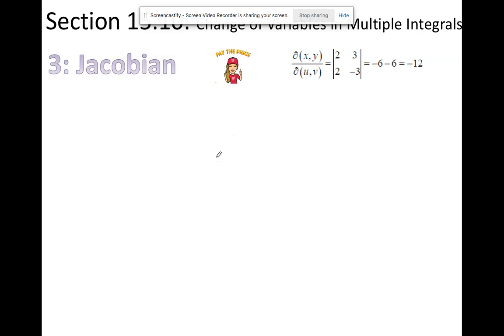So remember I had x equal to 2u plus 3v, and y equal to 2u minus 3v. So partial x partial u was 2, partial x partial v was 3, partial y partial u was 2, partial y partial v was -3. Did my determinant work? -6 minus 6, I got -12.